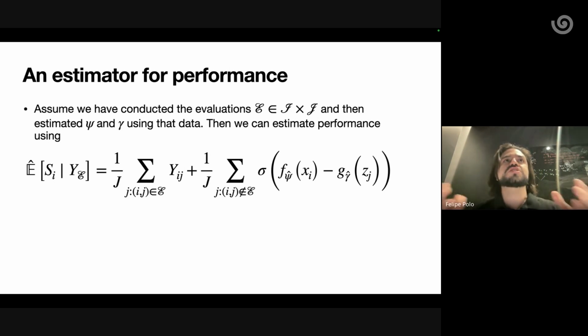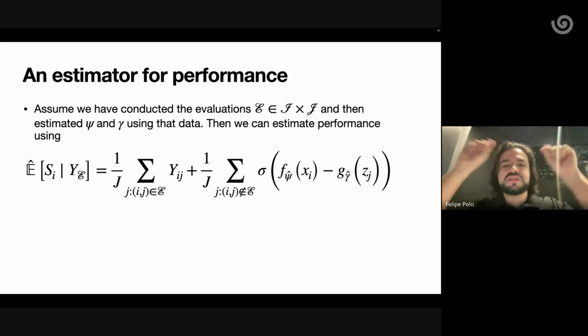So you can basically see this problem as a matrix. In the rows of this matrix, you have different prompt templates, and in the columns, you have different questions. You observe some entries of this matrix, which are represented by this set E. So in the end of the day, you're doing some kind of matrix completion here.